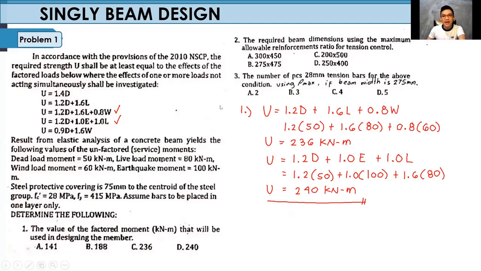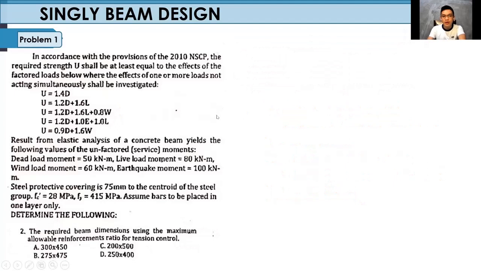Ayan, so continue tayo. So for number 2, ang hinahanap natin is the required dimension using the maximum allowable reinforcement ratio for the tension control. So binigyan tayo ng 4 choices, 300 multiplied by 450, 275 by 475, 200 by 500, 250 by 400.